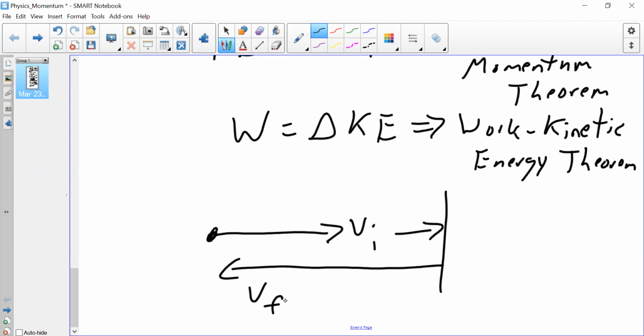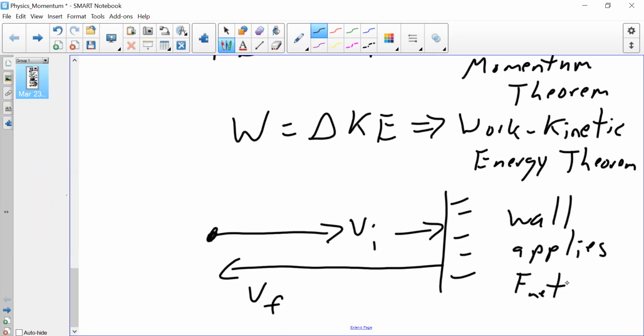So remember, a vector gets changed if the size and or the direction changes. So it hits this wall here. The wall applies a force in a certain amount of time, could be very small, 1 microsecond or 1/10 of a second or something. So the wall applies an overall force in a certain time interval. So the wall is applying the impulse on the ball to change the momentum of the ball.